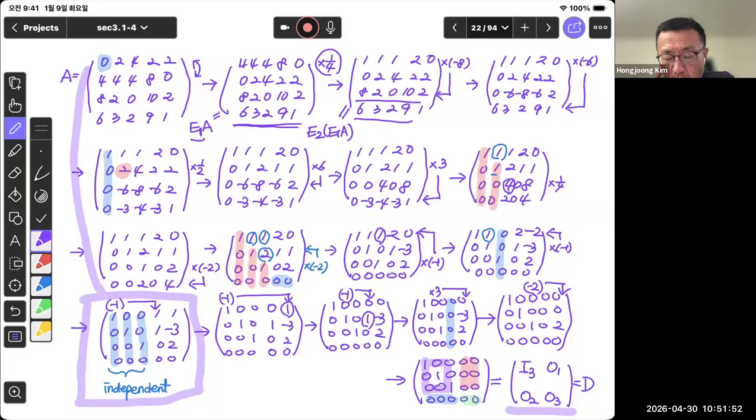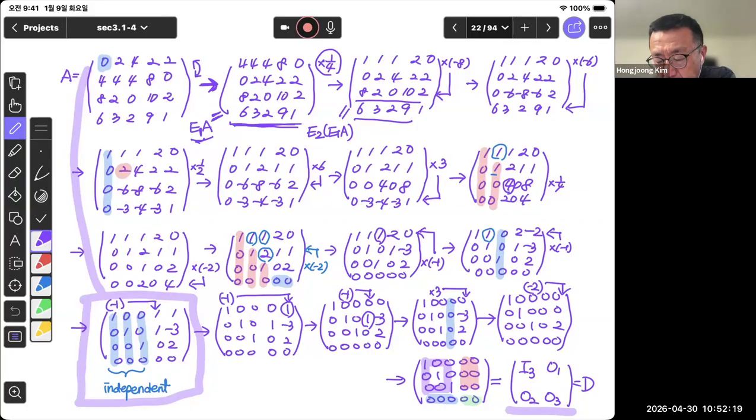Previously I used this arrow to imply the direction of the change. Now I can put this second matrix as a product of E1 and A to get the equality.